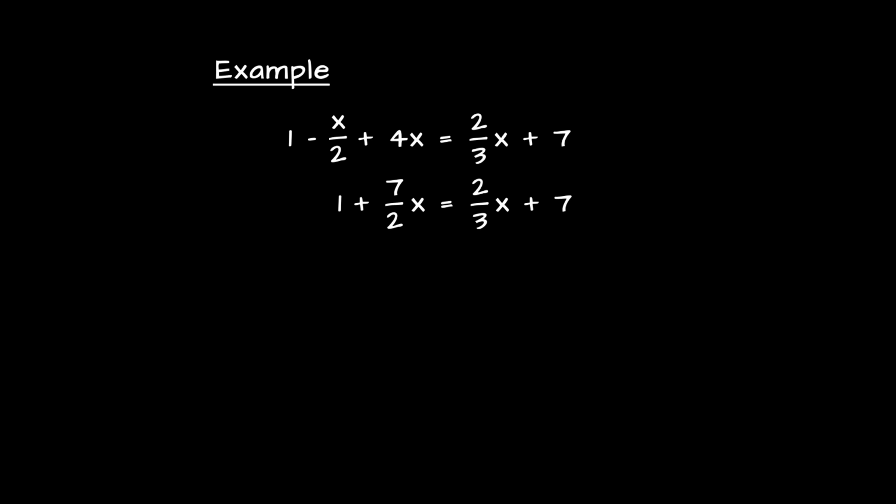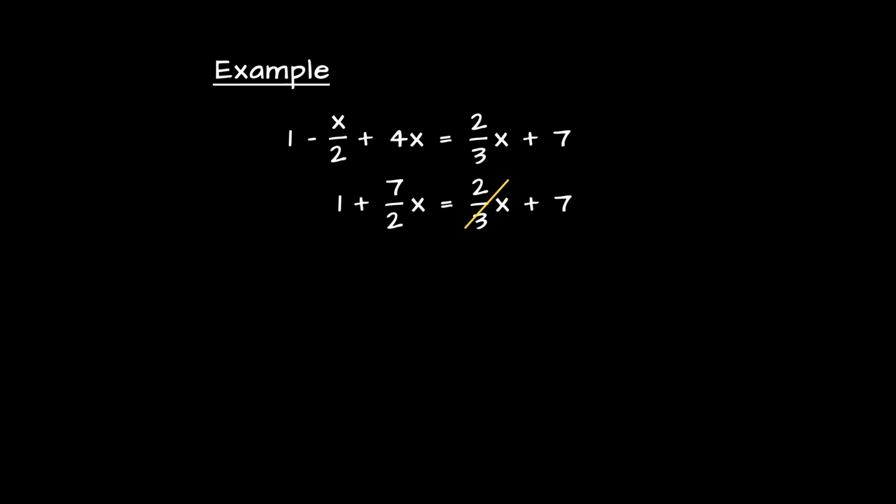Next, notice that one can always manipulate an equation as long as one adds or subtracts the same quantity to both sides. So what we can do here is take the term 2/3 x that appears on the right and subtract it from both sides of the equation.